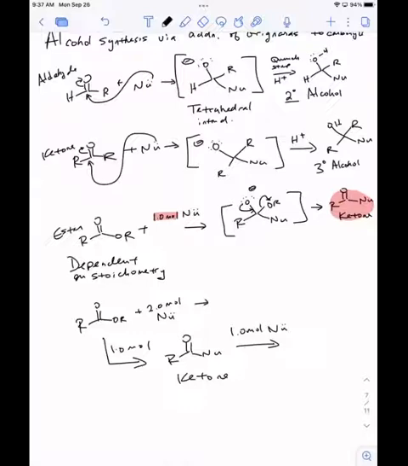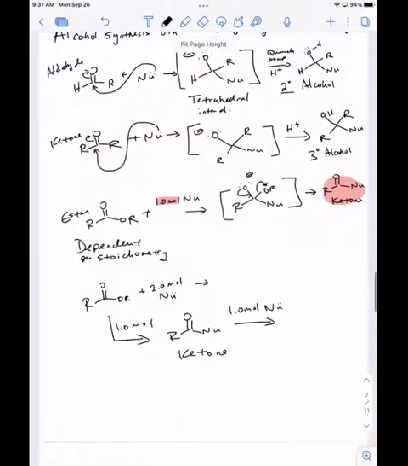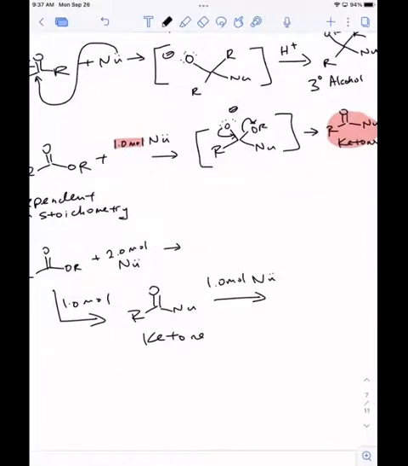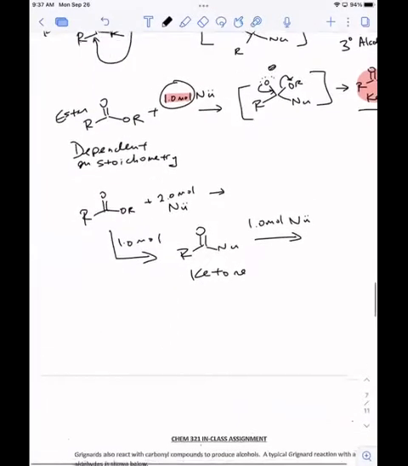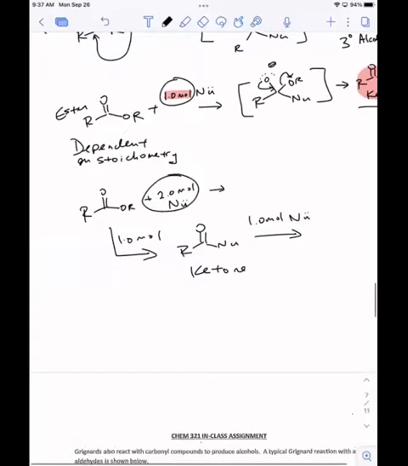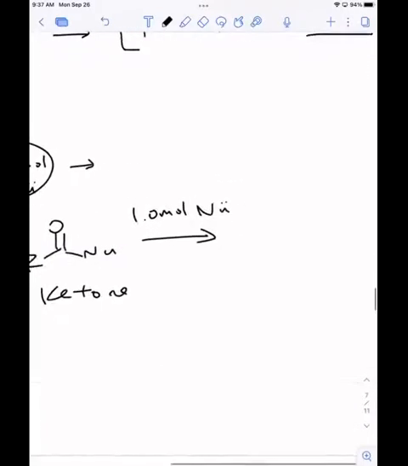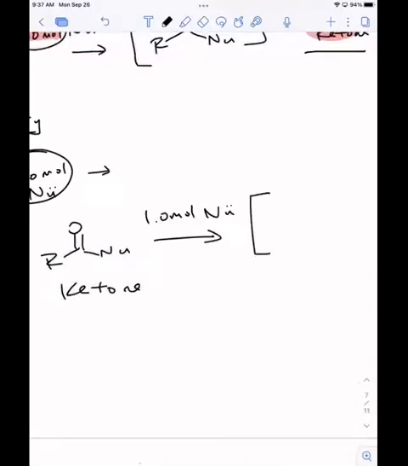So with the ester, depending on the stoichiometry, if you use 1 mole, you're going to get a ketone. If you use 2 moles and then quench it, then you'll end up with an alcohol, right? Because now I have this intermediate.